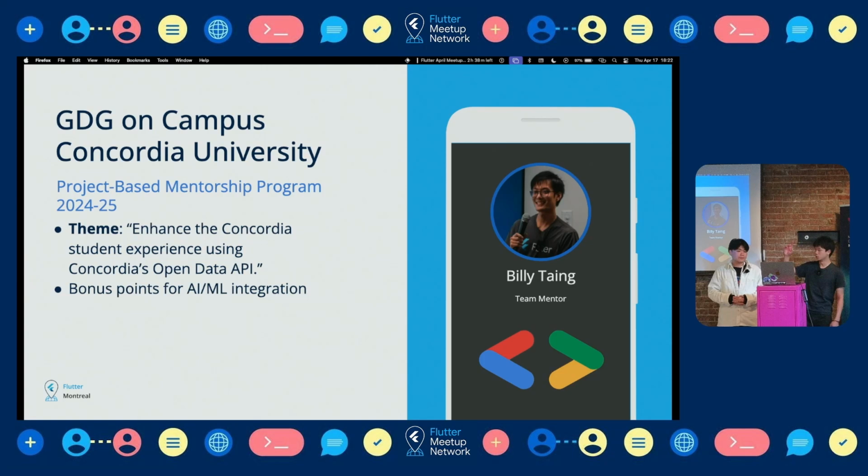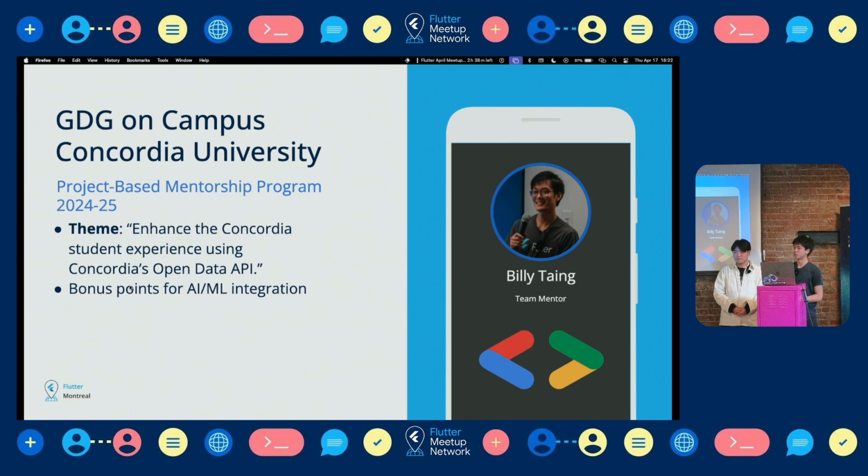The team came together because of GDG on campus at Concordia University. They had a project-based mentorship program, and we were all selected to be part of the 2024 to 2025 cohort. The theme behind the whole mentorship program was to enhance the Concordia student experience using Concordia's Open Data API.